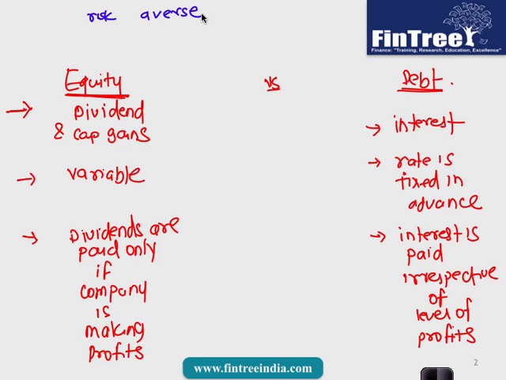You would prefer debt, because every year you will receive interest, and you would receive your original investment back at maturity. But if you are a risk loving investor, or if you are a less risk averse investor, then your preference would be equity. So let us introduce the third instrument in this scenario, which is the preferred stock.